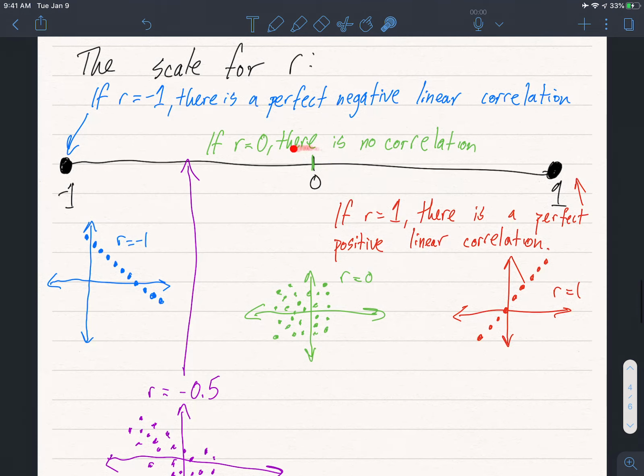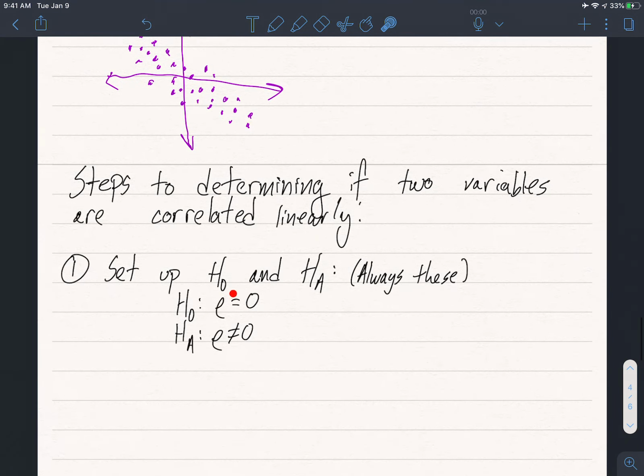But if rho equals 0, if the Pearson correlation coefficient equals 0, that means there's no correlation, right? That's what this means. So that's our first hypothesis, that there's no correlation. And what does it mean when I say rho not equals 0?